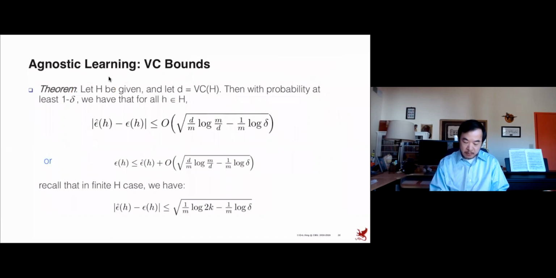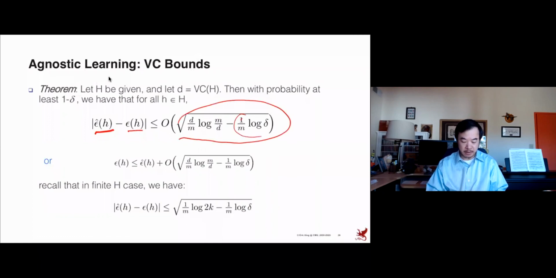So it can be proven that the error bounds between the empirical error and the true error will be upper bounded by a big O of this term, which is d over m times the log of m over d, and then another term depending on the data sample complexity.